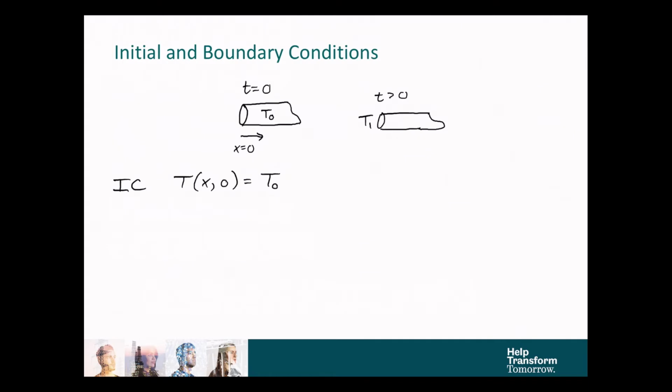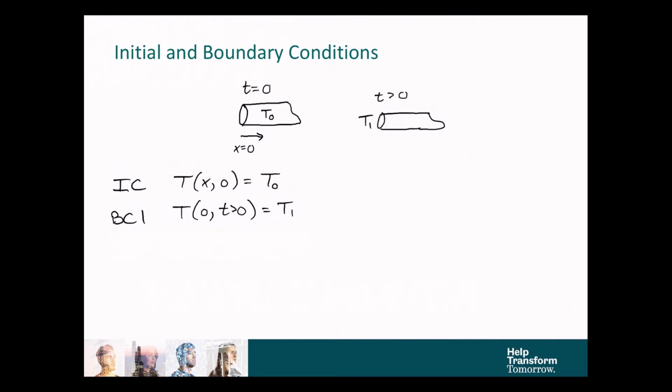Our initial condition is that at any position in the rod and time equal to 0, the temperature throughout the entire rod is T0. Our first boundary condition is this easy one, that at x equals 0, for any time greater than 0, the temperature in the rod at that position is T1.